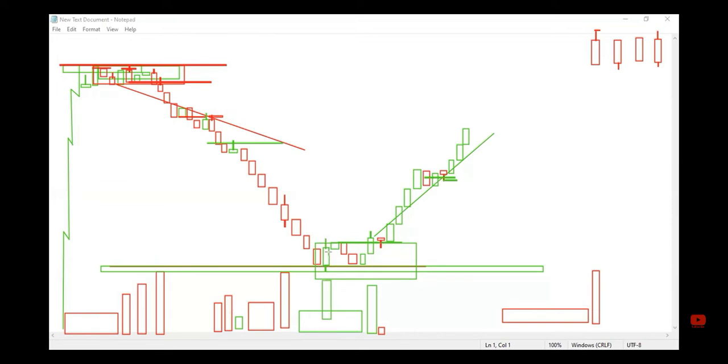So now we have to wait. It doesn't mean that market goes up immediately from here. We have to wait for formation. When market forms totally, how it forms, it may make a range, or it may make a double bottom pattern, triple bottom pattern, low high low pattern, and inverted head and shoulder pattern.